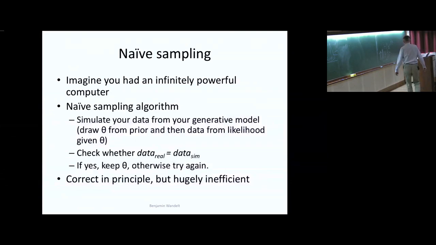So this is correct in principle, and I think an instructive way of thinking about it, but for actual implementation, it is typically impossible. There is something called approximate Bayesian computation. It's a subfield of Bayesian statistics, but the technique is basically this algorithm, except rather than checking whether the real data is exactly equal to the simulated data, you put in some flex, an epsilon. You ask whether the simulated data hits near the real data.